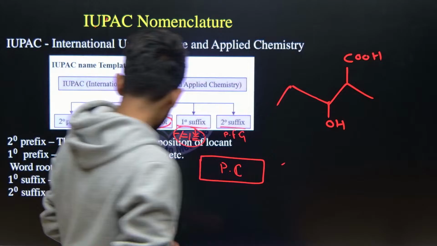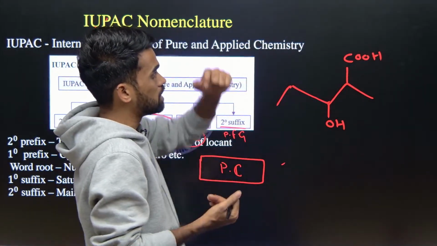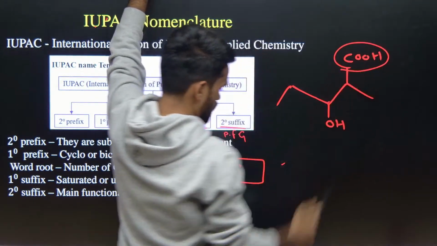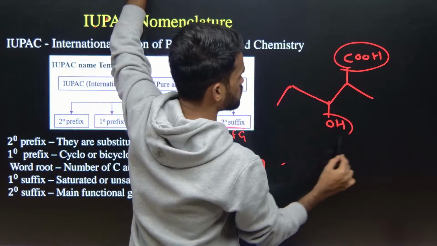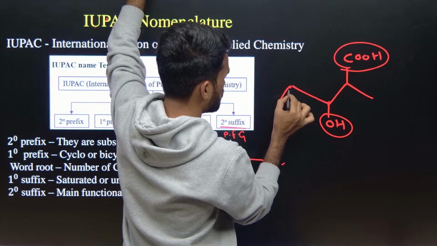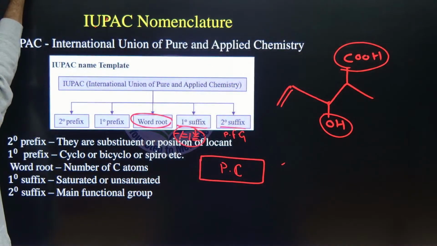First of all, count the number of carbons in the parent chain; identify the longest chain having that functional group. What are the functional groups we have? One is carboxylic acid, another one is OH. Let us insert one double bond somewhere here. Now tell me, where do we start our numbering?